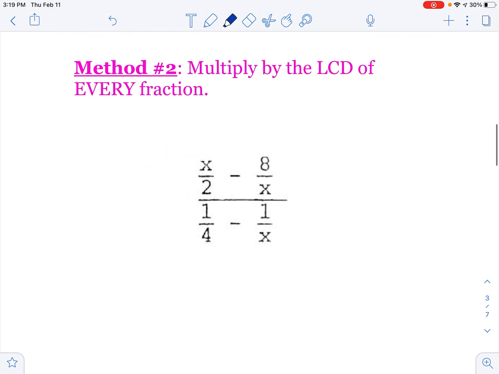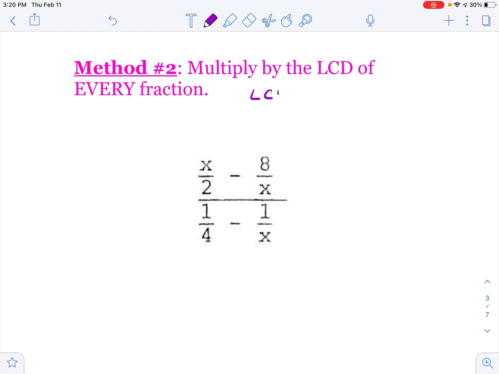So the second method for complex fractions and simplifying is to multiply by not just the LCD of each individual part, but the LCD, least common denominator, of every single fraction. So if we take a look, we have x over 2, 8 over x, 1 over 4, 1 over x.